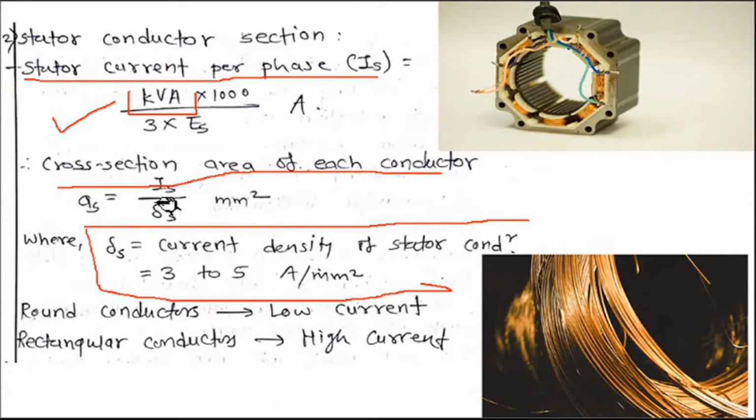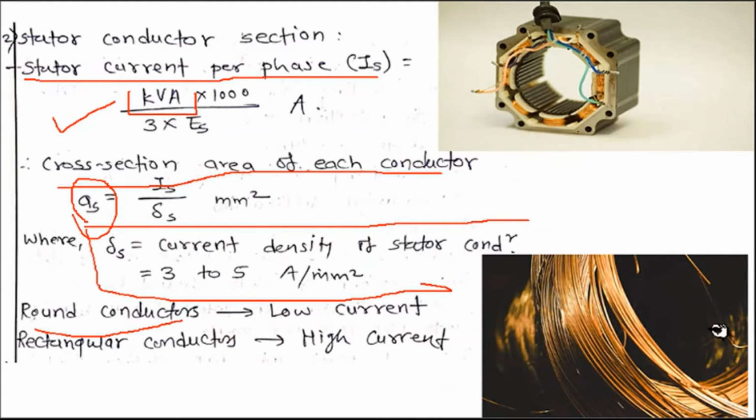As stator current is given in ampere and current density in ampere per mm square, the only remaining unit is mm square, which is the cross section area of each conductor, where delta S is current density. Generally round conductors are preferred. Here AS is the cross sectional area of each conductor.